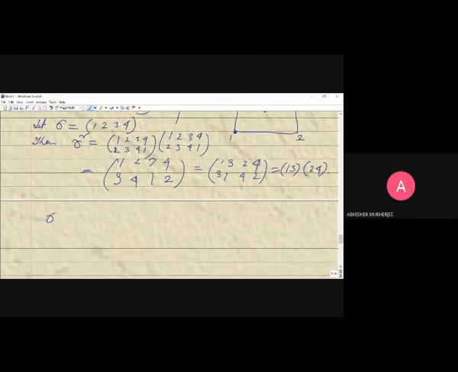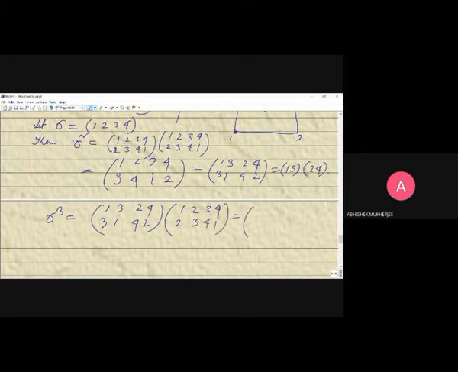And the next one is, okay, let us have a look at the next one. That is 1 3 2 4, 3 1 4 2, and again 1 2 3 4, 2 3 4 1.